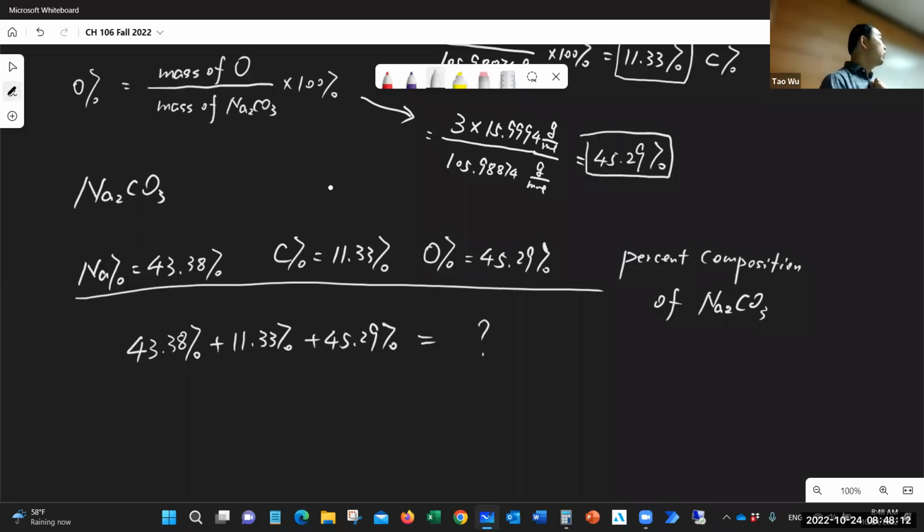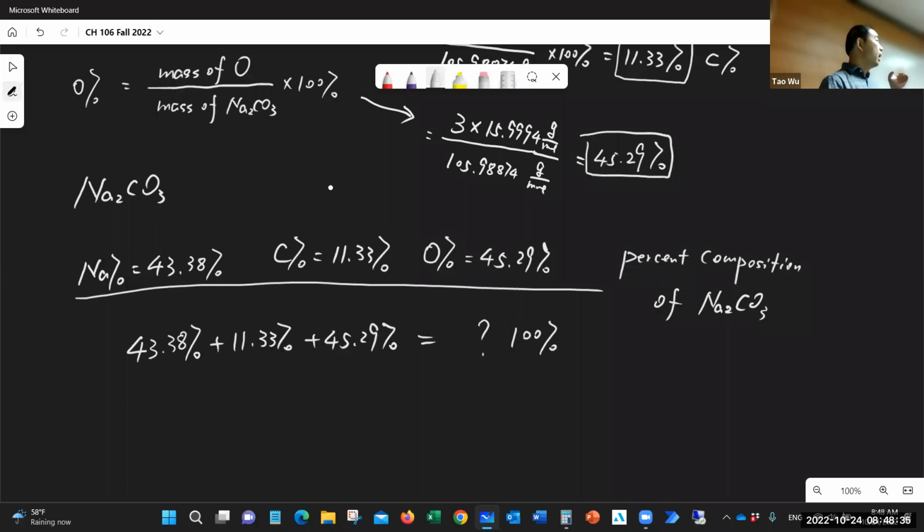That should be 100%. Should be 100% because in this compound, we only have 3 elements. So the percentages, you add them together, should be 100%. No more and no less. Should be exactly 100%.